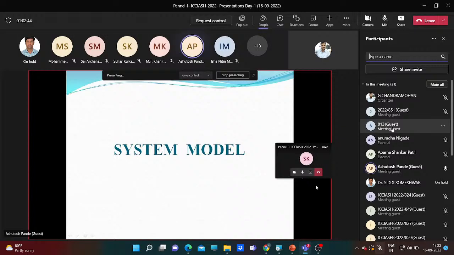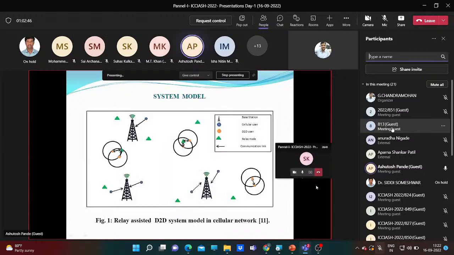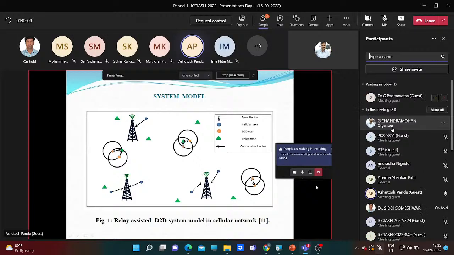Now we will go through the system model. The block diagram of relay assisted system model in cellular network is shown in this figure. In this diagram, number of cellular users, device to device users, and potential relays are there. The device to device user may communicate directly or with the help of relay.